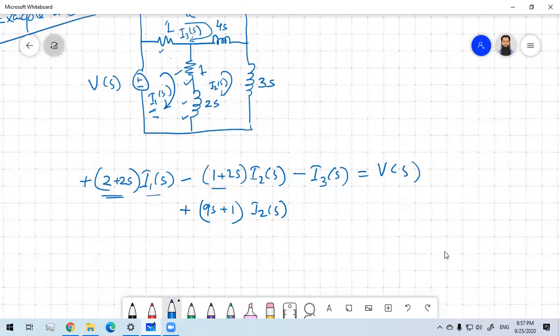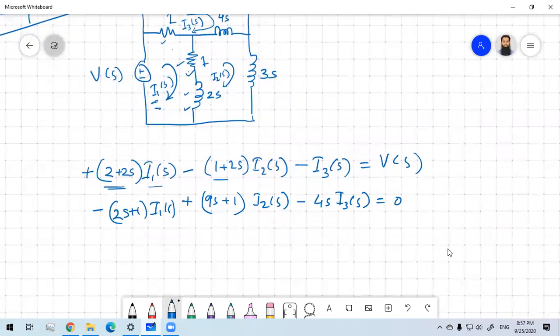That is 2s plus 1, times I1(s), and that has to be negative. What is common between 2 and 3? That one is also negative, that is 4s, times I3(s). And there is no voltage source, so this should be 0.